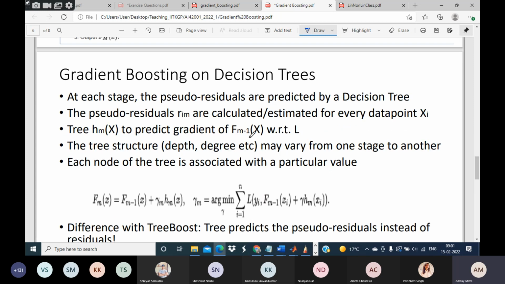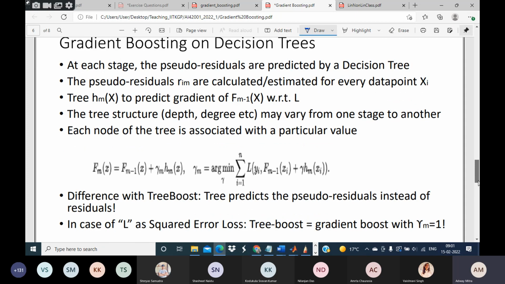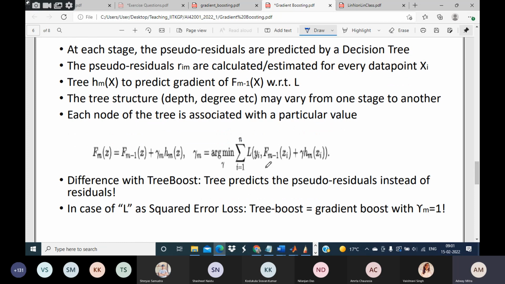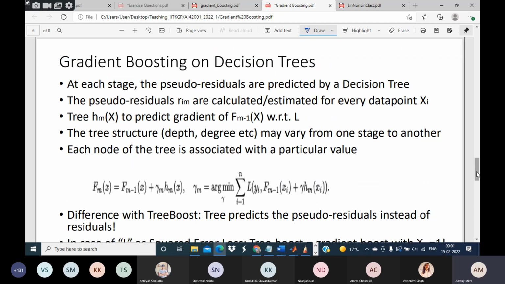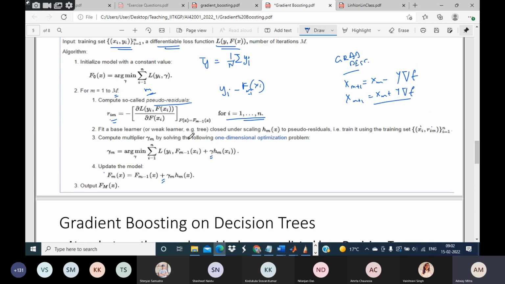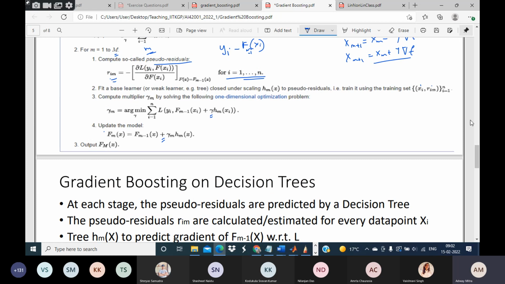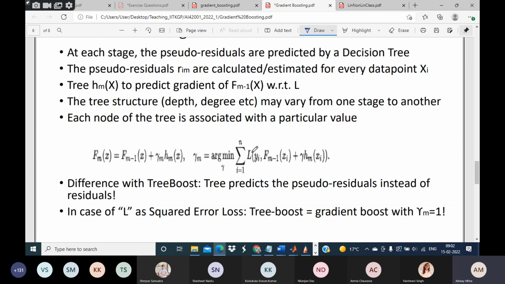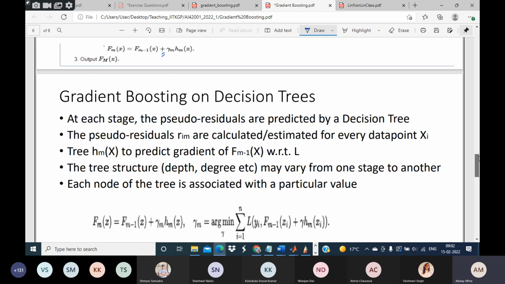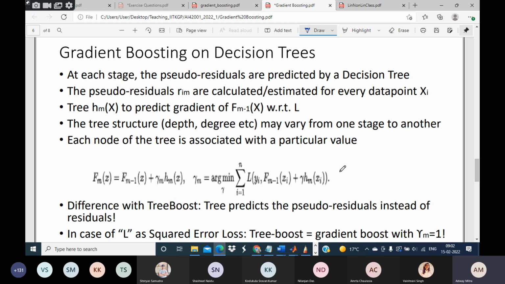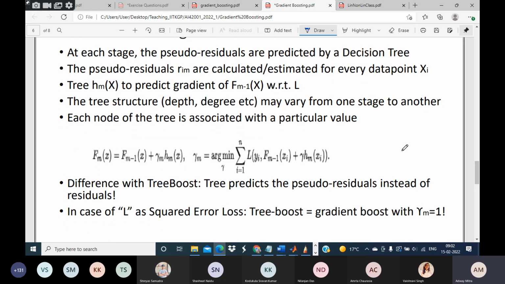Now this can be done in various special cases. We have already discussed the tree boost. In the special case that all these base learners h are trees, the loss function is a squared loss function and gamma is always 1, this algorithm becomes equivalent to tree boost.